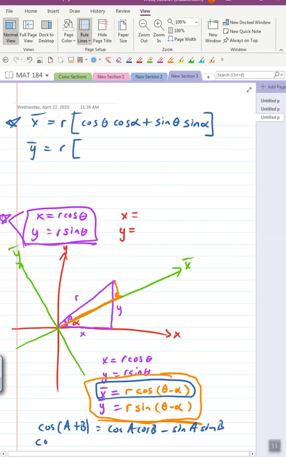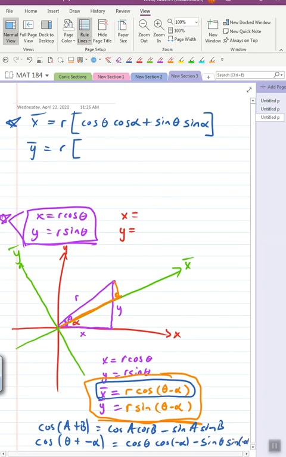But in this case, what do you have? You have cosine of theta plus a negative alpha. So that should be cosine of theta cosine of negative alpha minus sine of theta sine of negative alpha. What do I know about cosine?